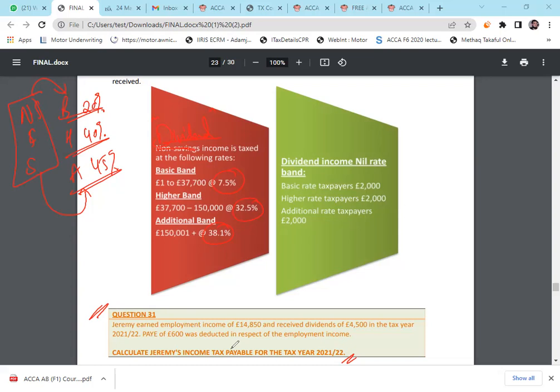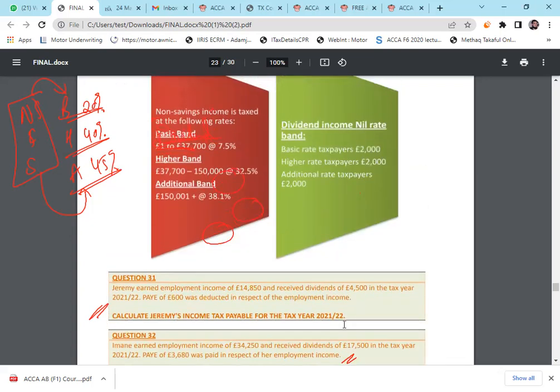It will be deducted after we get the liability, in order to calculate income tax payable. Right. And we have dividend, right? In this question, do we have interest? Do we have savings income? No, okay.